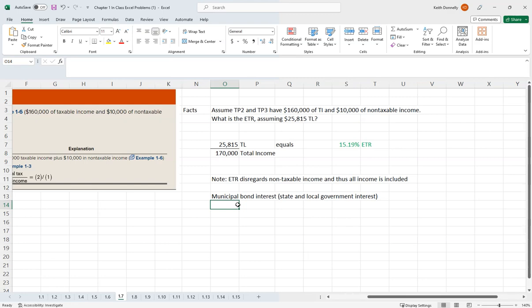It comes into play whenever we're determining average versus effective tax rate. Specifically, the denominator in our average tax rate will exclude that, where our denominator in our effective tax rate will include it.